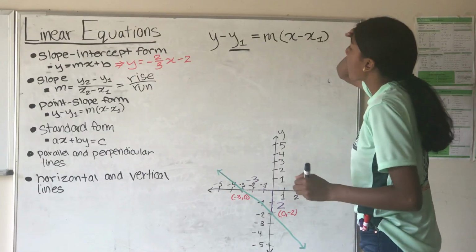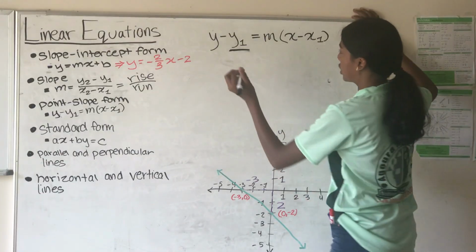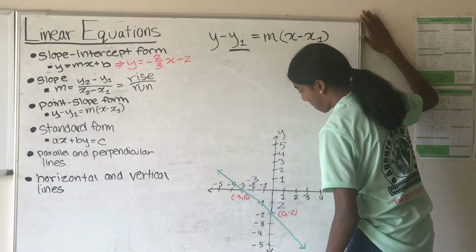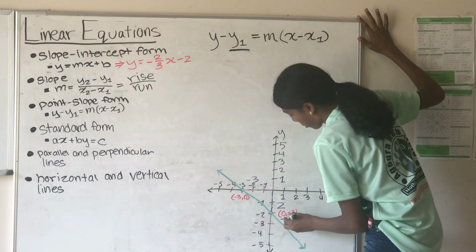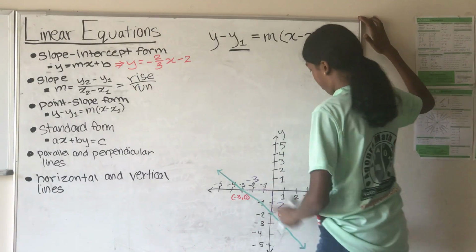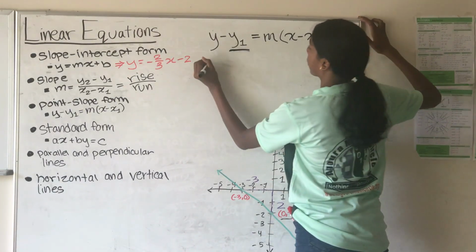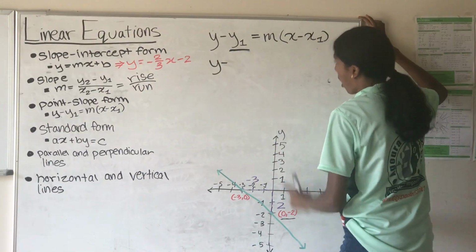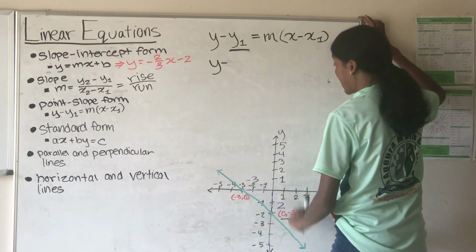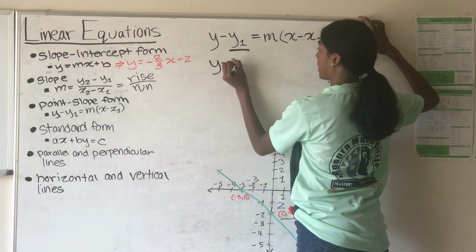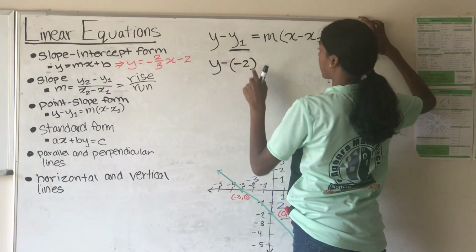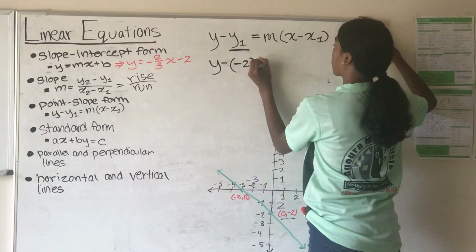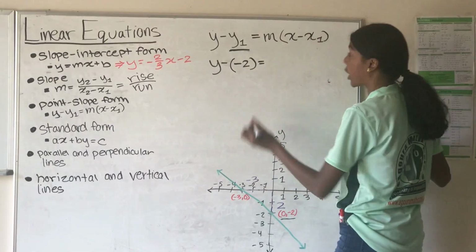So the way we would write it in point slope is just, let's pick, I like the number 2 better, so we're going to use this one. So we're going to write it as y minus, and then our y for this is going to be -2. So we're going to write this as -2, substituting it for y1, equals slope, -2/3.